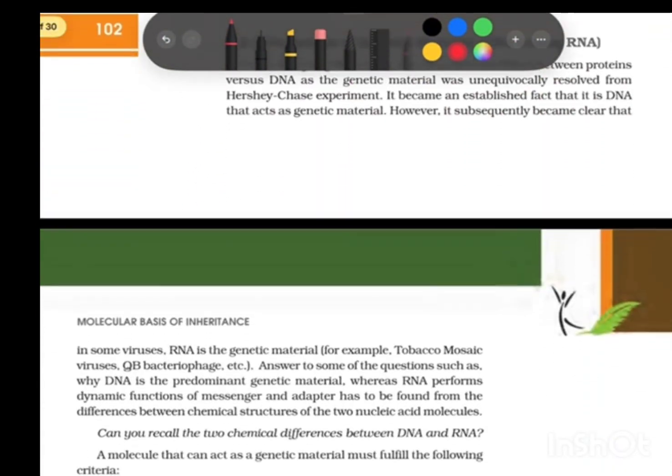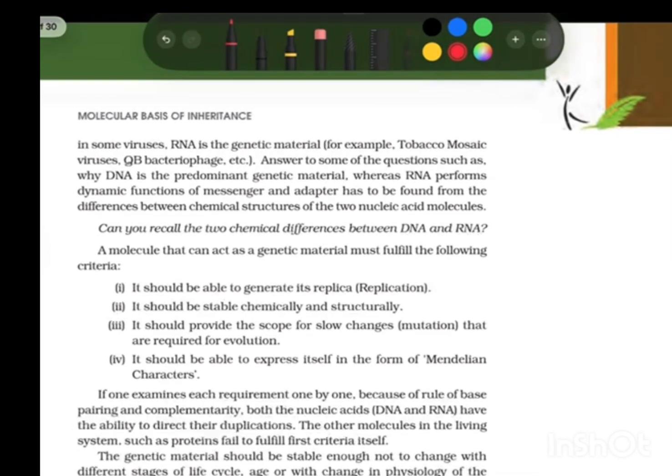Next. Can you recall the two chemical differences between DNA and RNA? Yes, we can recall the differences. Chemically, DNA has a different sugar, that is deoxyribose sugar, C5H10O4.